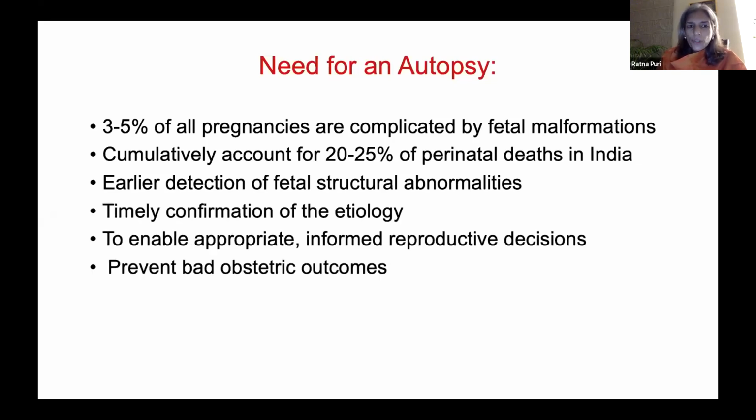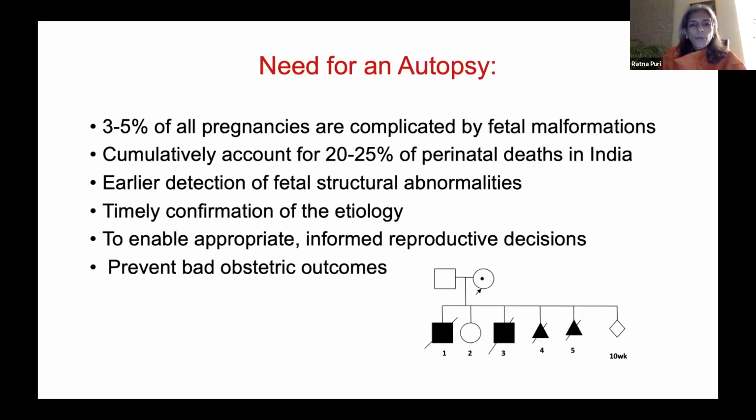So it's very important that we have timely confirmation of the etiology, because if there are major malformations, the pregnancies are discontinued, and if you haven't thought about why it happened, it's a challenge to counsel these families appropriately and guide them for informed reproductive decisions.